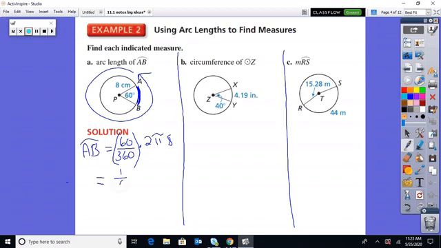63/360ths you can reduce to 1/6, and then 2 times 8 is 16 pi. So an SAT answer could very well be 16 pi over 6, which reduces to 8 pi over 3. So that could very well be an SAT answer.